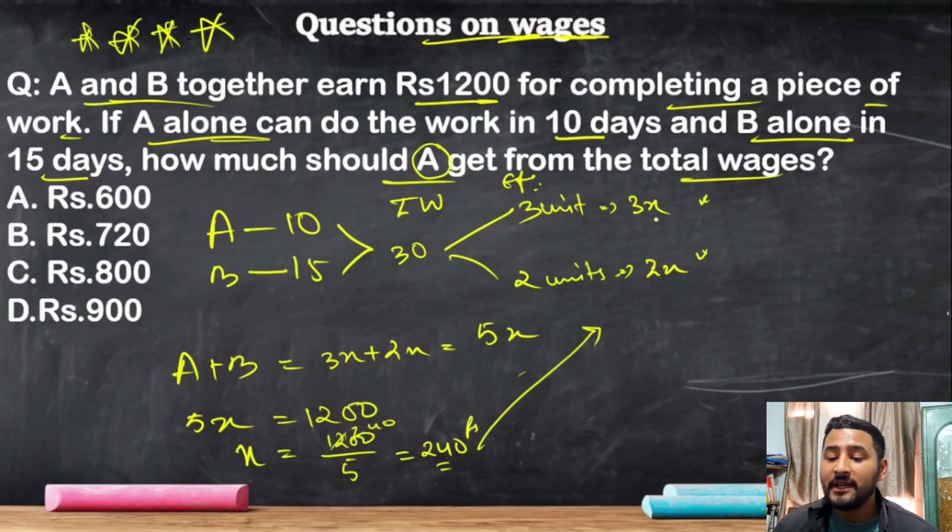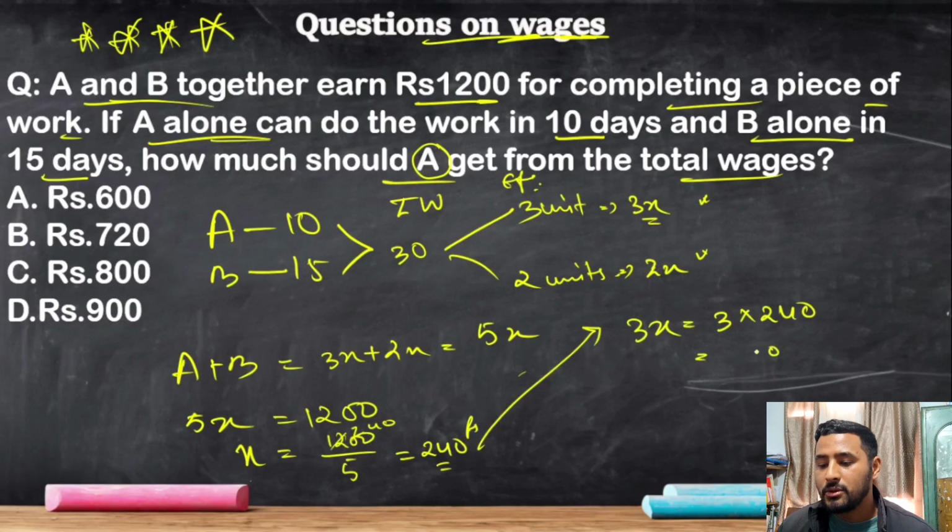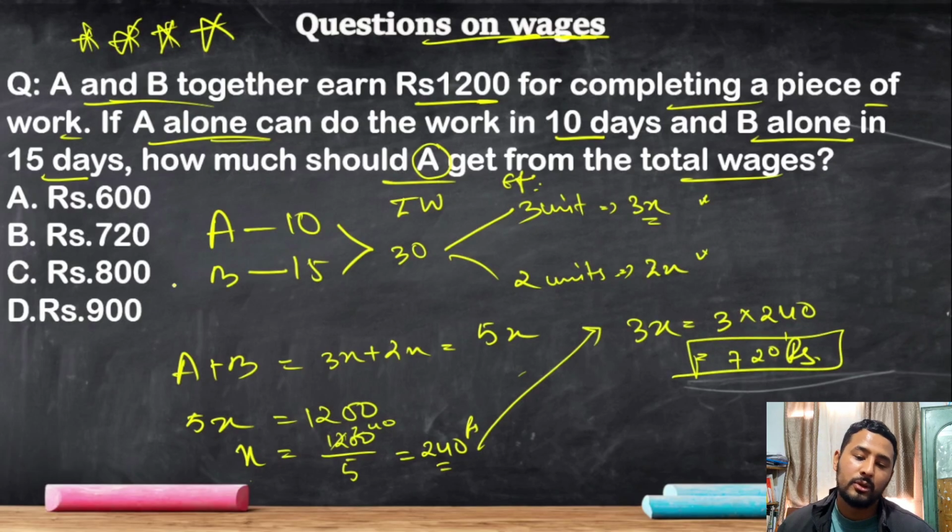Now get the value for whichever person is asked; here, how much A should get. A is 3x, so put the value: 3 into 240. This will be 0, 2, 3, 4, 12, carry 1, 3, 6, 7, 720. So A alone will earn 720 rupees. If B, just subtract 720 from 1200 and you'll get the answer.